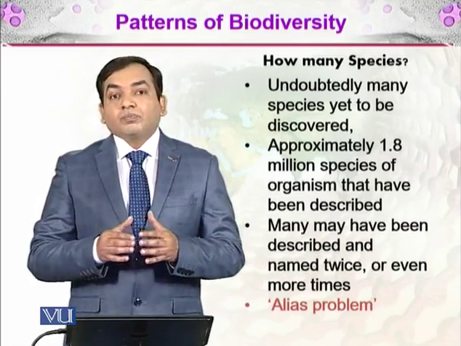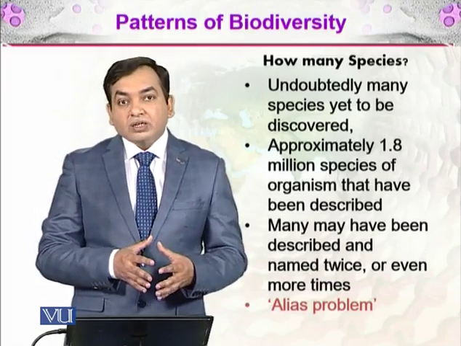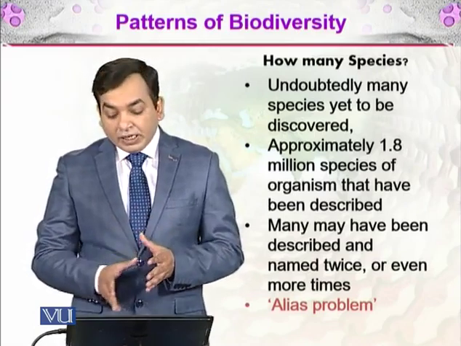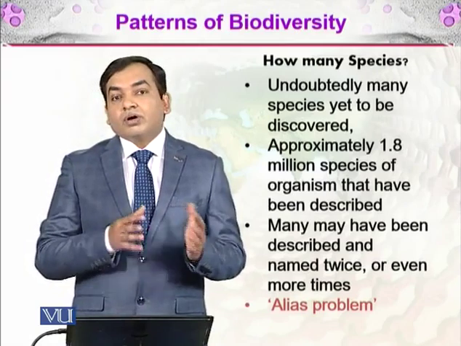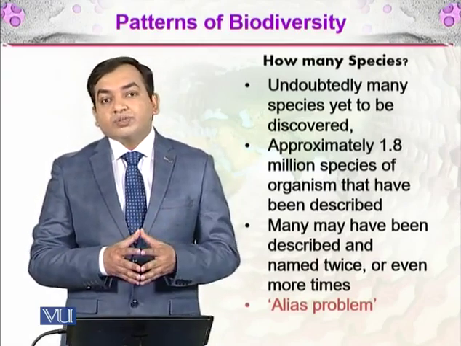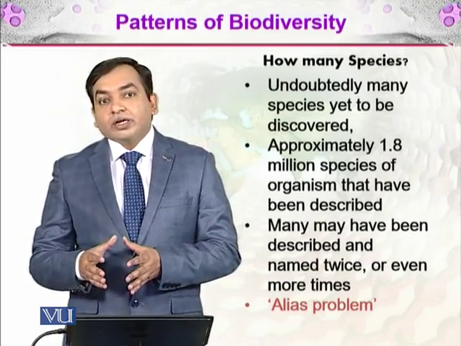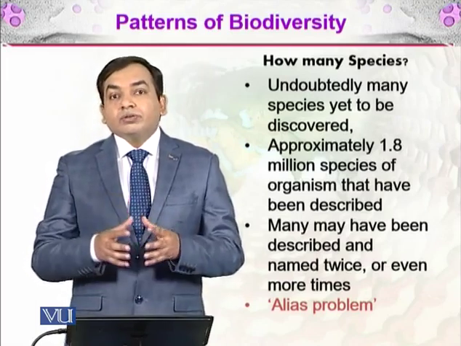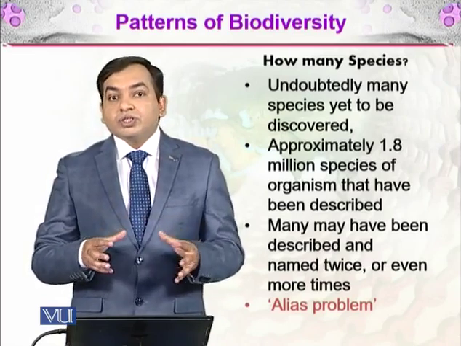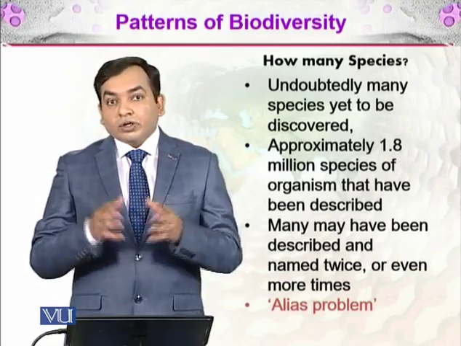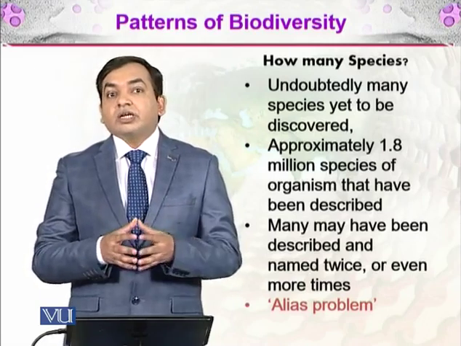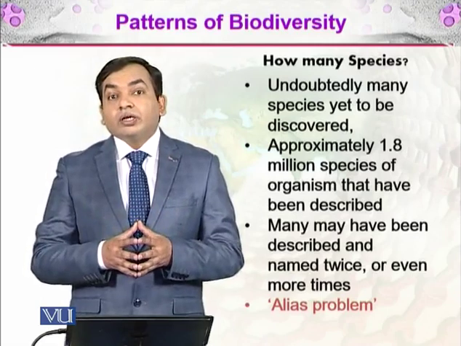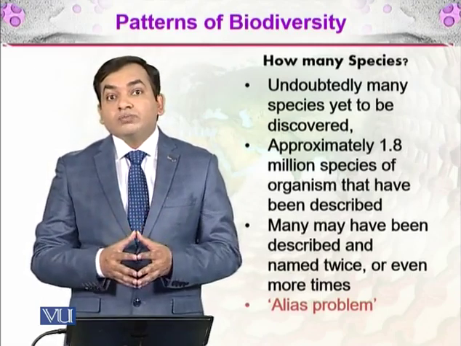In those we have seen, there can be an alias problem. One scientist identified a species, and then another scientist identified that species, and when they described it, they did not read about the other scientist, and they both reported the species independently, thus resulting in the same species with two names in the taxonomy.